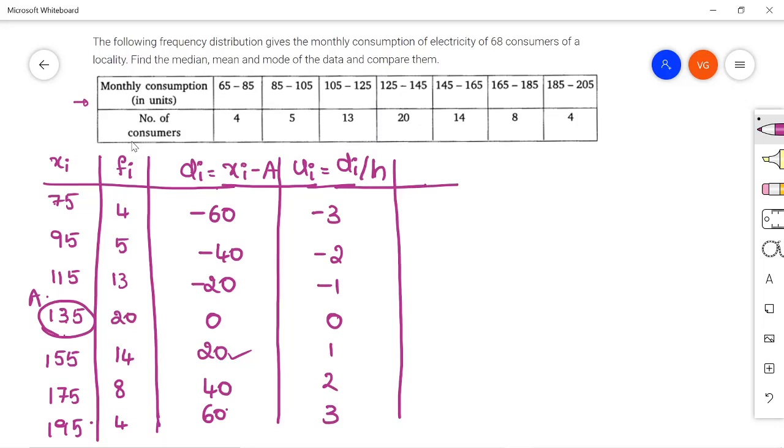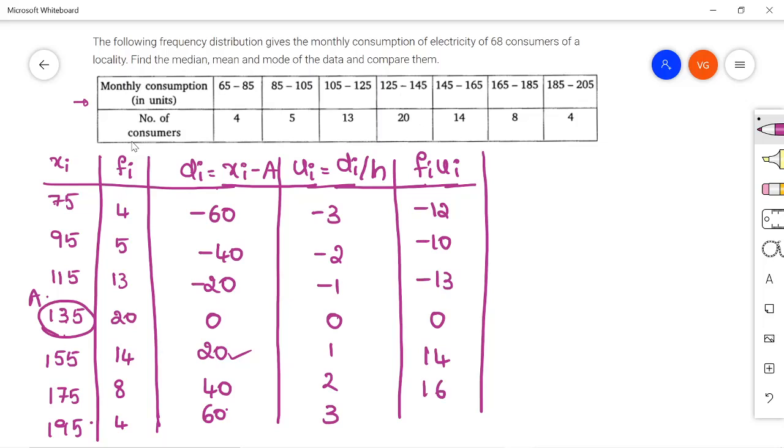Right, now the calculation is very simple. Multiply fi ui. So this is minus 12, minus 10, minus 13 here, 0, 14 into 1 is 14, 8 twos are 16, and 4 threes are 12.